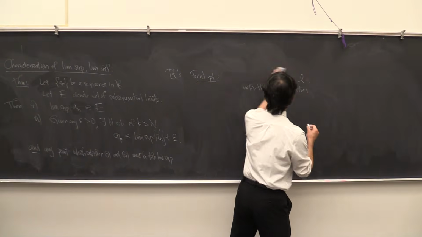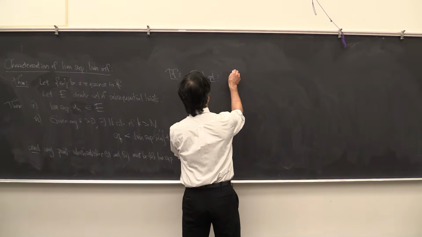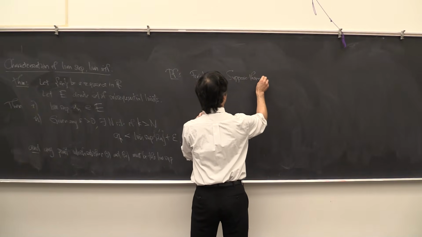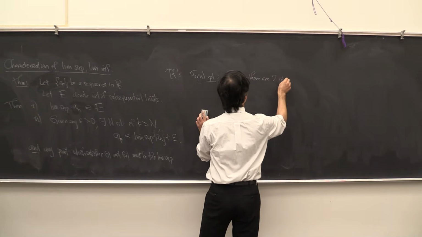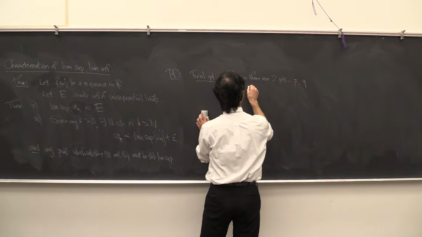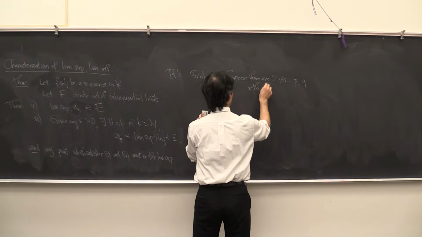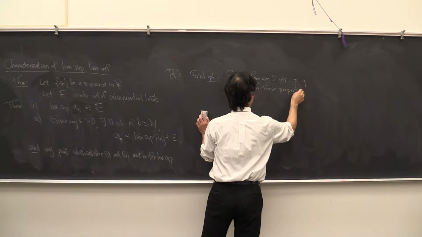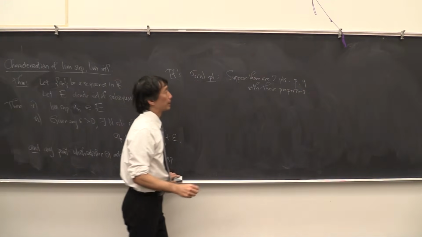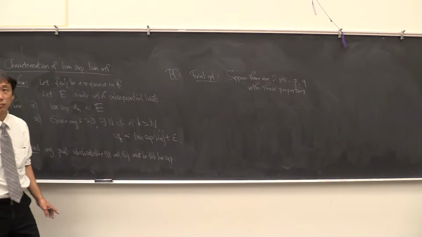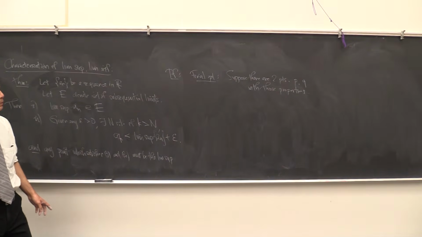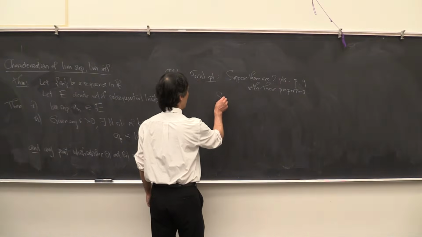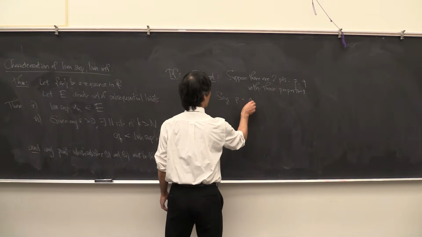No, I'm sorry. Let me say it this way. Suppose there are 2 points with those properties. Suppose there are 2 points P and Q with those properties. Okay, and let's say that P is less than Q.